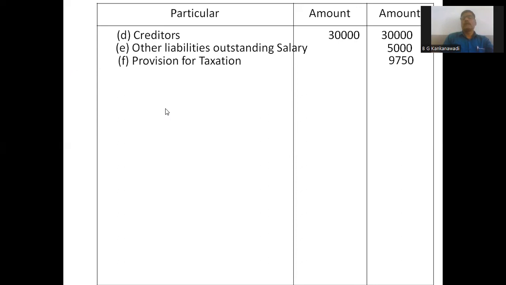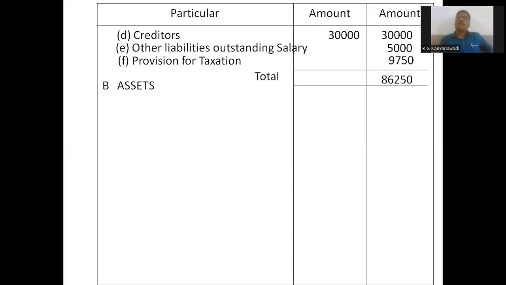Provision for tax is 9,750. Okay, this is the last item. You take the total. Total is 86,250. This is the liability side total.